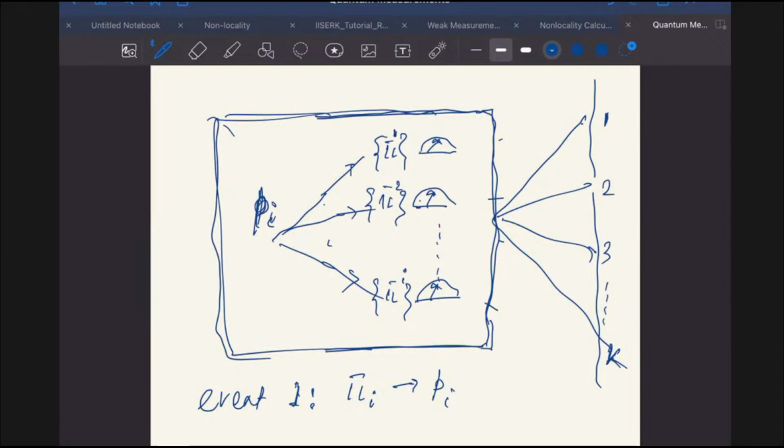So this is in the spin degree of freedom, but the outer one is the position degree of freedom. So this is event 1, and event 2 is the detection on the outer screen, that is, some position.